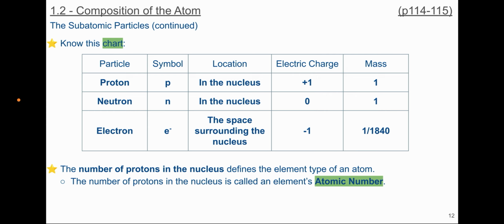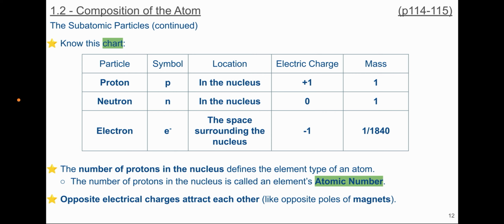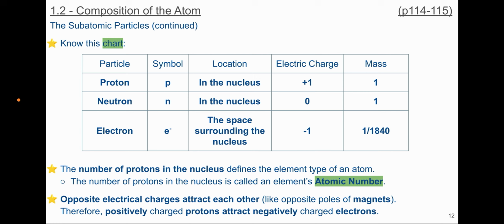This is kind of repeated information from the last page of notes, but it's really important that this starts sinking in. And then opposite electric charges. You learn about this stuff when we think about magnets, maybe in physical science or earlier years, but opposites attract, and that's true for magnets. It's also true for electric charges. Opposite electric charges attract each other. And so the positively charged protons will attract negatively charged electrons, and they will attract 1 to 1.